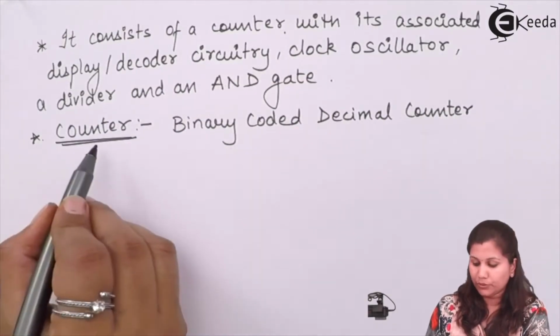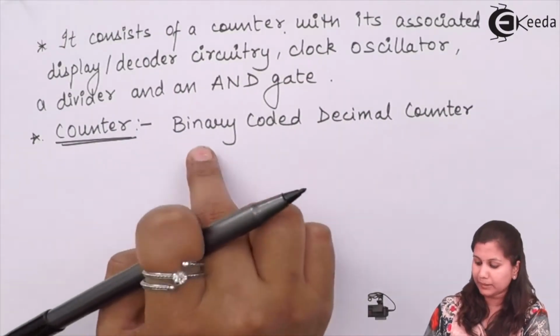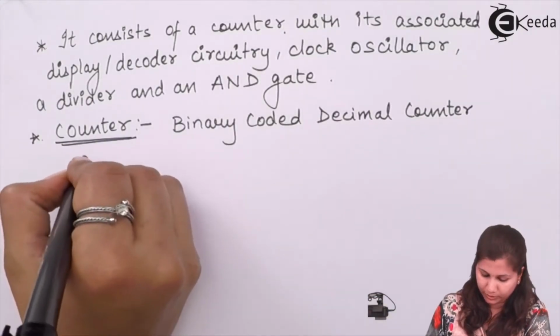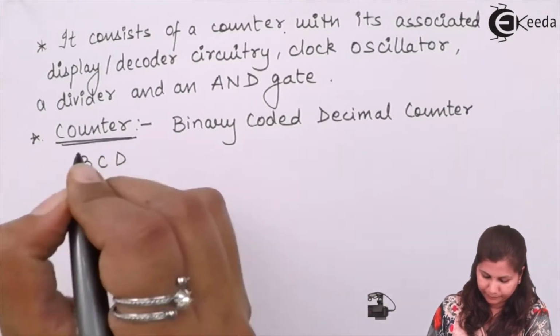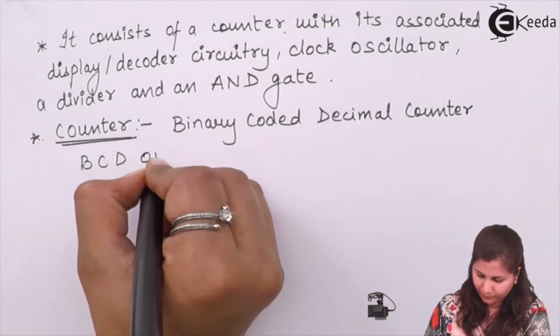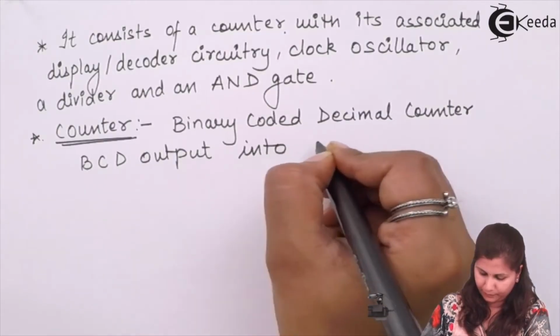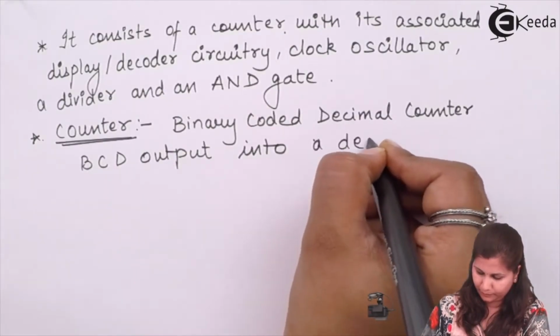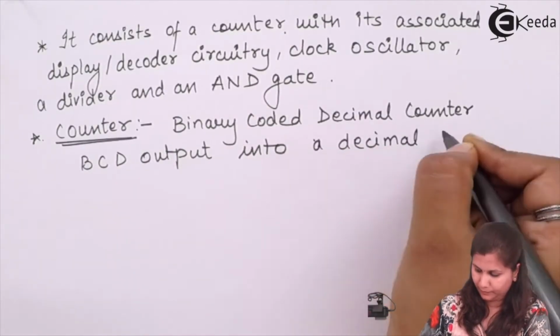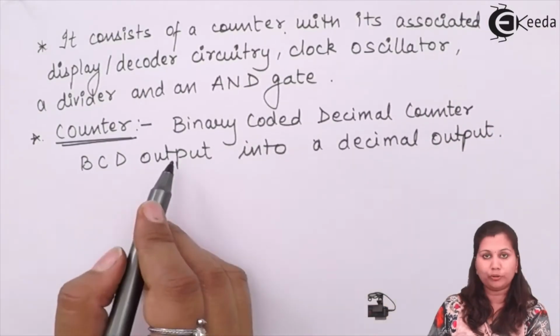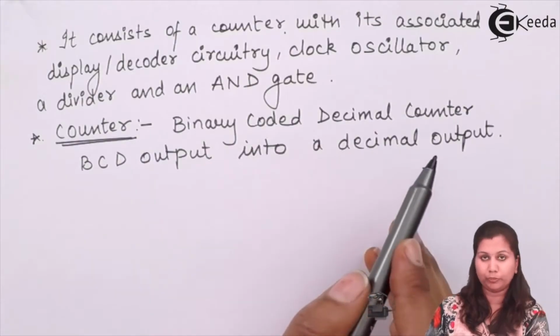The counter used in this frequency meter is a binary coded decimal counter, and the BCD output is converted into a decimal output.